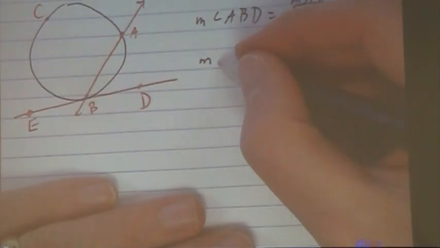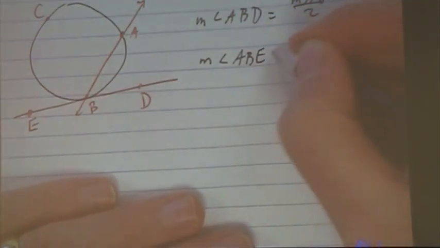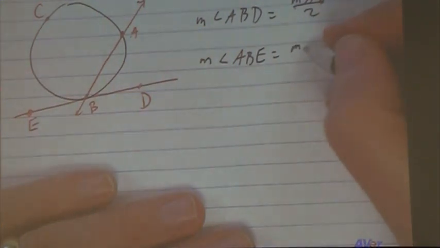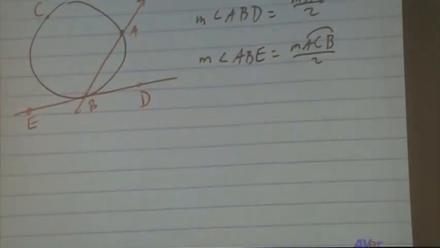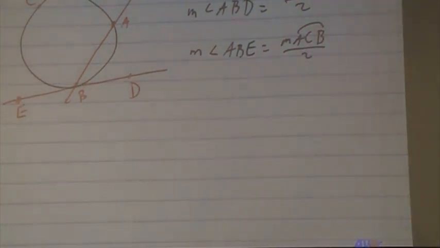And if I wanted to find the measure of the other side, measure of angle ABE, I would take the major arc and divide by 2. And again, these are very similar to your inscribed angles.